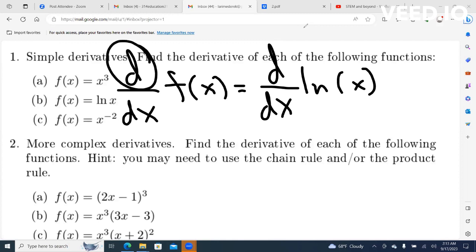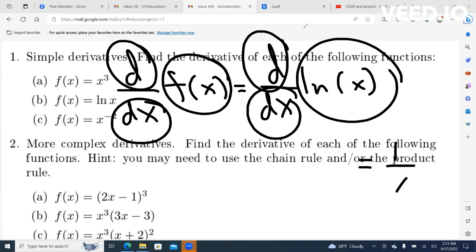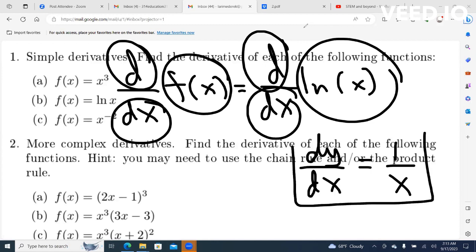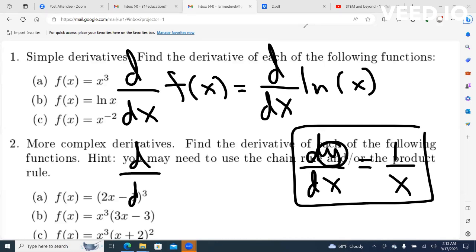It's the derivative of this thing with respect to x. It's the derivative of this thing with respect to x. And what does it equal? It equals 1 over x. So dy over dx, whatever we want to call it, the y actually jumps up inside. It's the same as d over dx. If f of x equals y, it's the same as that, and the y actually jumps up top.